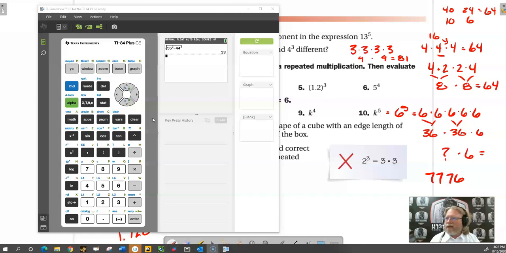Right now COVID's going on, but whenever we're actually in the class, I'll have these in class for you to use. You might find buttons similar to this on your cell phone.